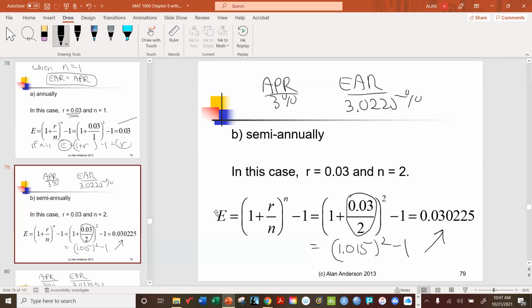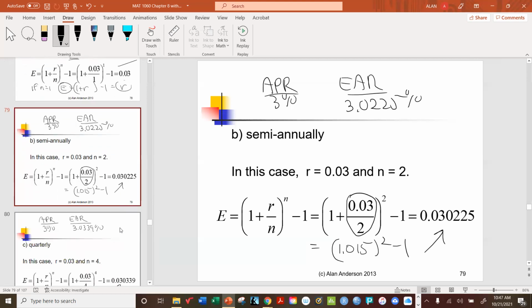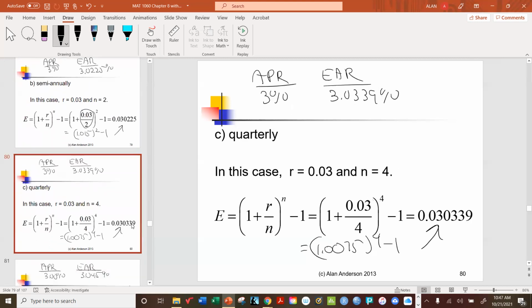All right, so I guess you probably are done with quarterly by now. Let's take a look at it. And you can see this time the amount goes up just a little bit more. Instead of dividing 3% by 2 and raising that to the second power, now we're doing 4.